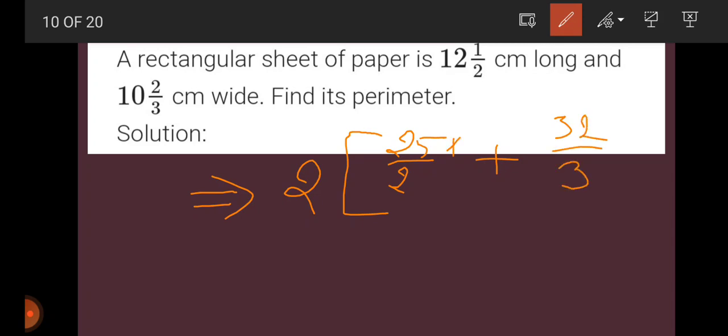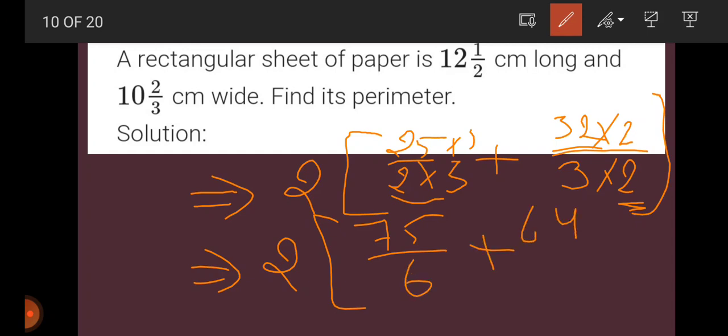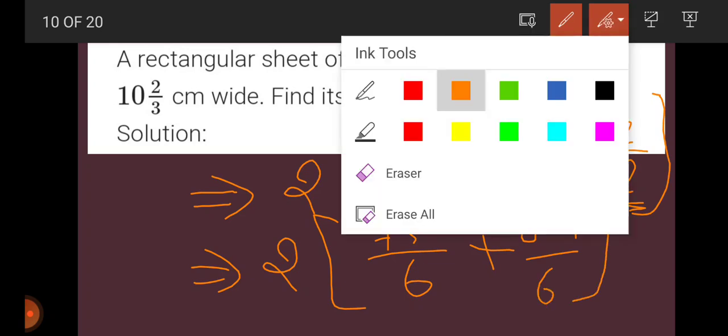So I multiply here by 3, and here by 2, because we want the same denominators on both sides, that's why I multiply here by 3 and here by 2. Okay, so 2 into 25 times 3 is 75 upon 6, plus 32 times 2 is 64 upon 6. Now this question is converted to like fractions.